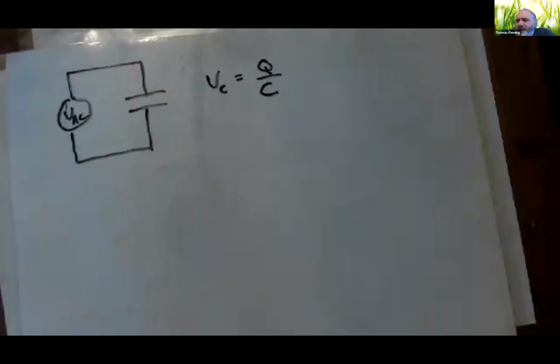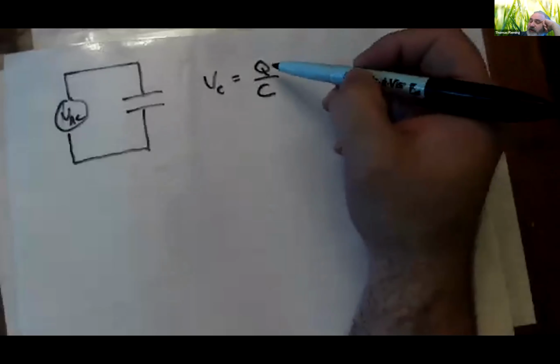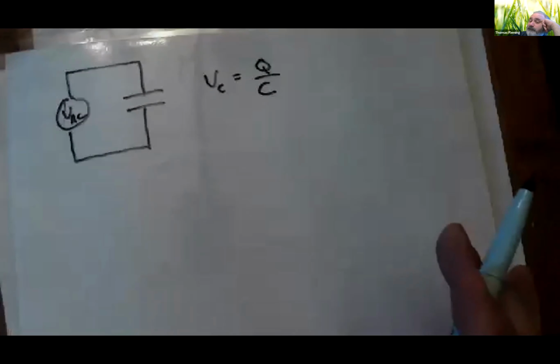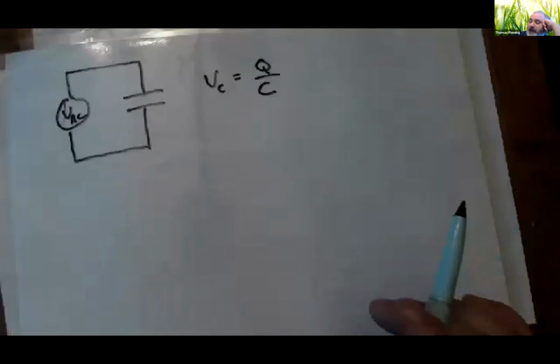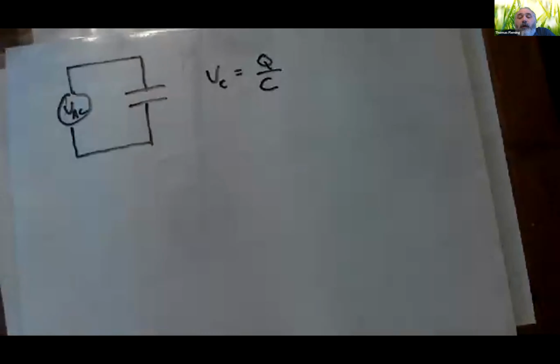So for a capacitor, the voltage is going to be largest across that capacitor when the charge on the capacitor is at its biggest. And so when the source is putting out the biggest voltage, I'm going to have the biggest amount of charge on the capacitor.